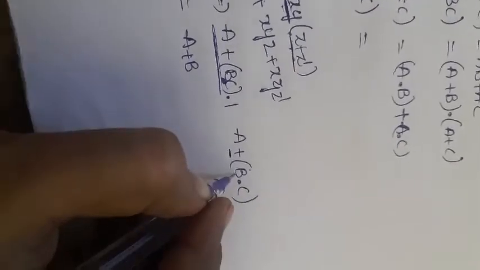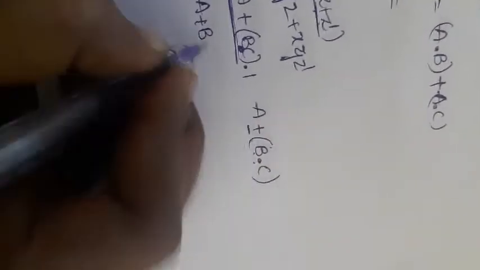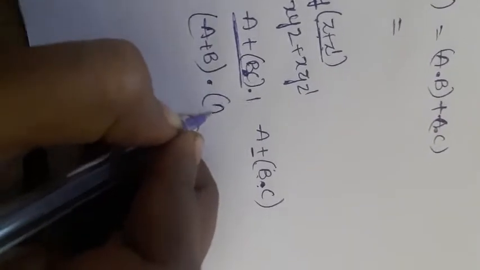Now to simplify, each term is multiplied with the left part, so A plus B, with a dot operation between the two, and then A plus C. I think there is no need to prove this.